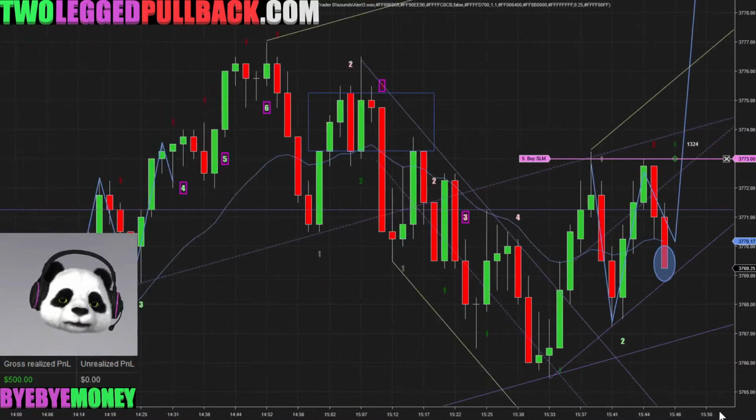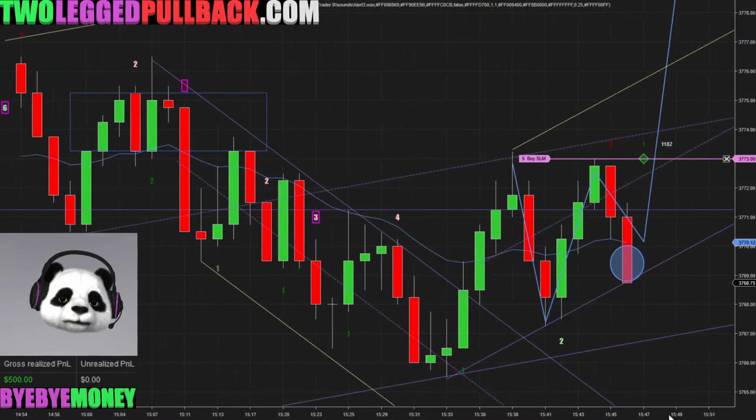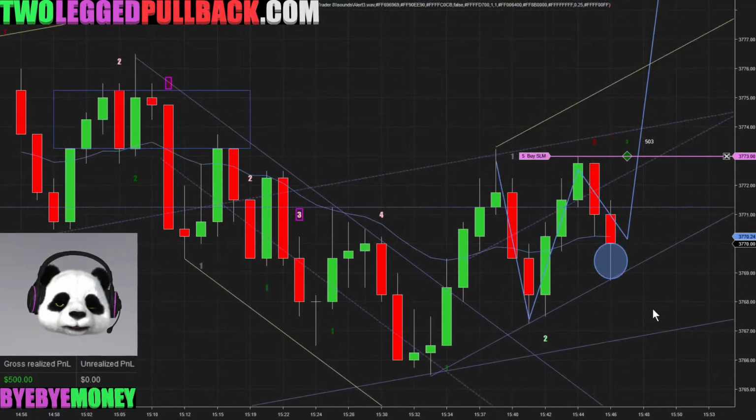Do I still want to go long here is a question. Big bear bar, terrible signal bar right now. If it reverses up, gives me a good signal bar, I'll consider going long here. Break out.